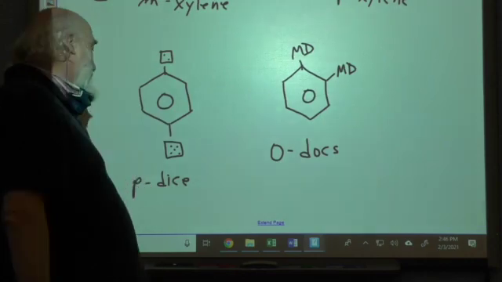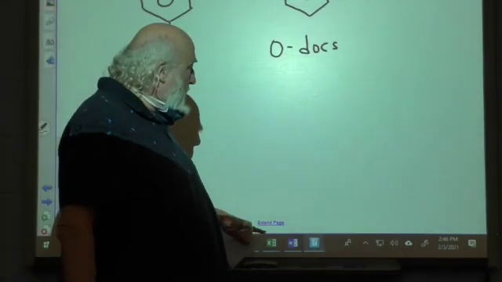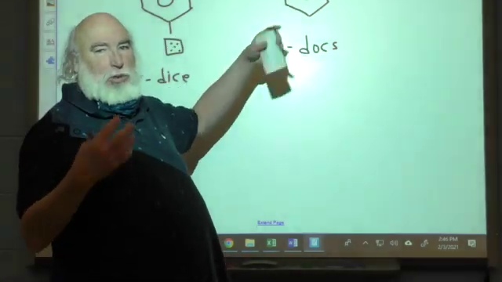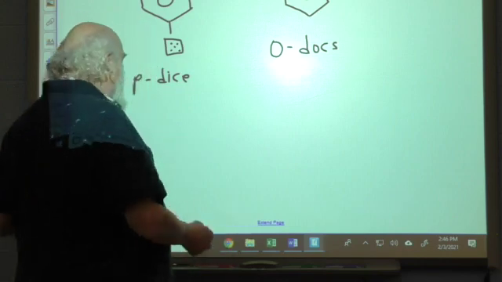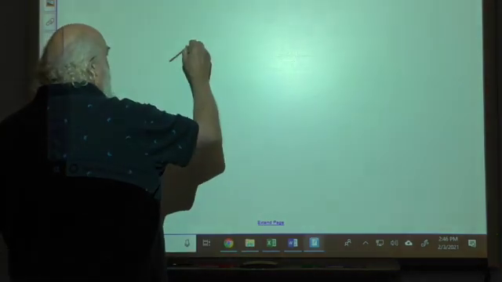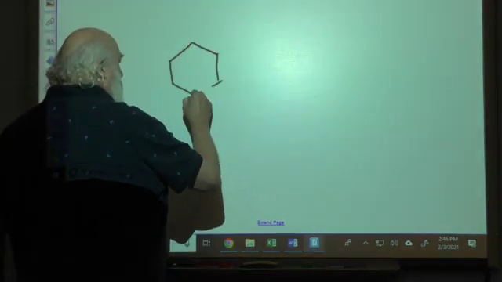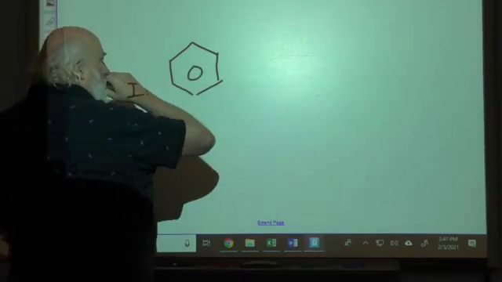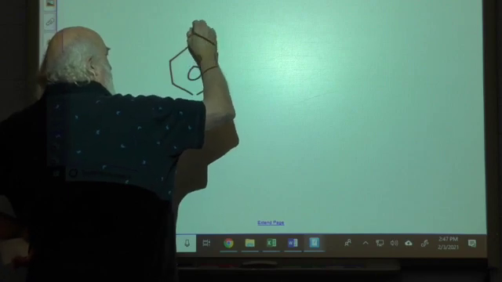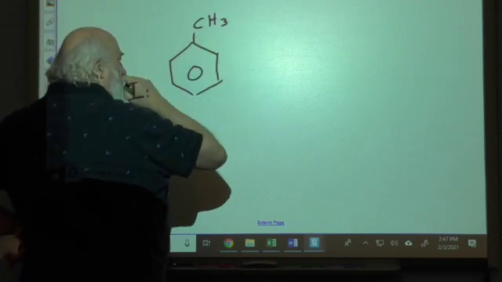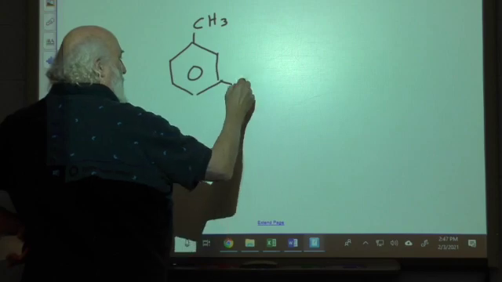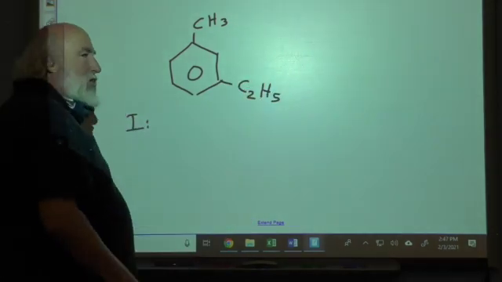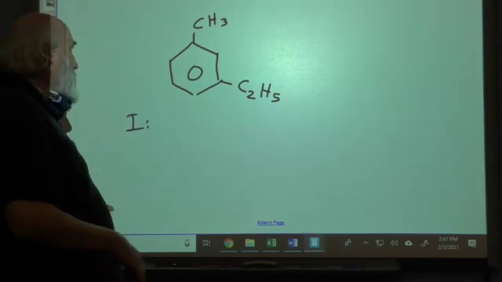No? One last thing. These are called disubstituted benzenes. Two of the hydrogens are replaced by two other substituents. And you can have other things on there as well. We'll just do the systematic name for this. So let's suppose we had a methyl group here and an ethyl group here, which is two carbons, C2H5. This is C2H6, but lose the hydrogen, so it becomes an ethyl group.